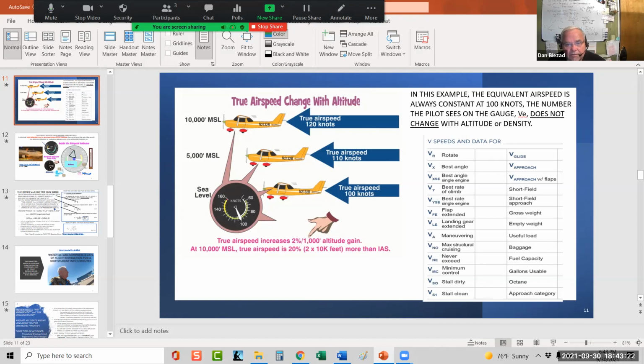So if this goes up 10%, how does that compare to the rotation speed? Now, I may not have covered this in class. I'm talking myself into, okay, the rotate speed is 1.2 times the stall speed normally. So at 5,000 feet I'm at 10% above the stall speed. The rotate speed is normally 20% above the stall speed. And I think I might not have covered that in class. That might be what's causing you trouble.